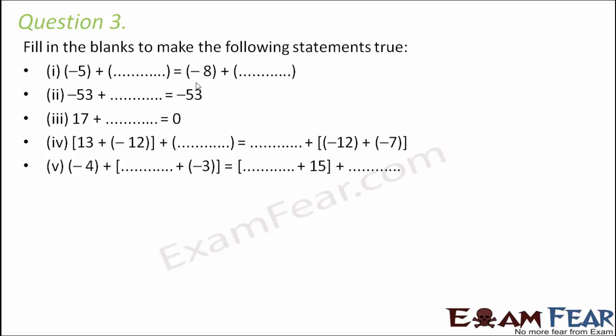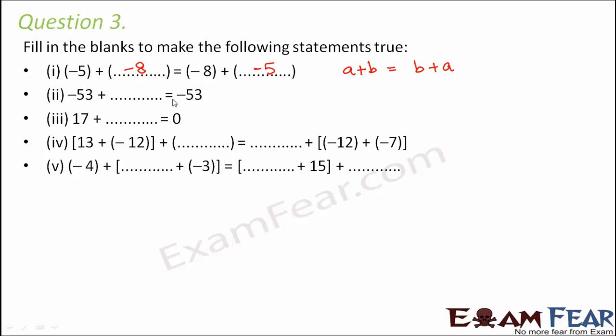On the right hand side, you are given one integer, that is -8. So can't we say that -5 plus -8 is equal to -8 plus -5? This basically means A plus B is equal to B plus A, which is stated by the commutative property of addition for integers.